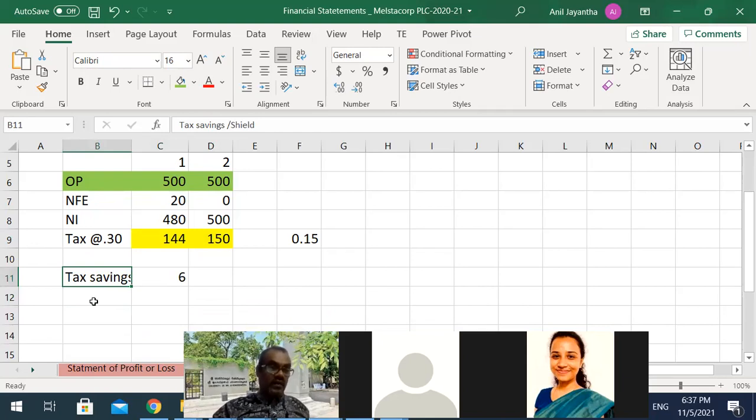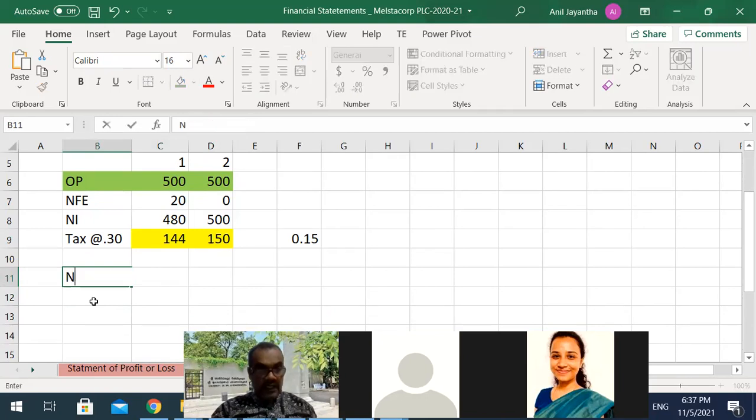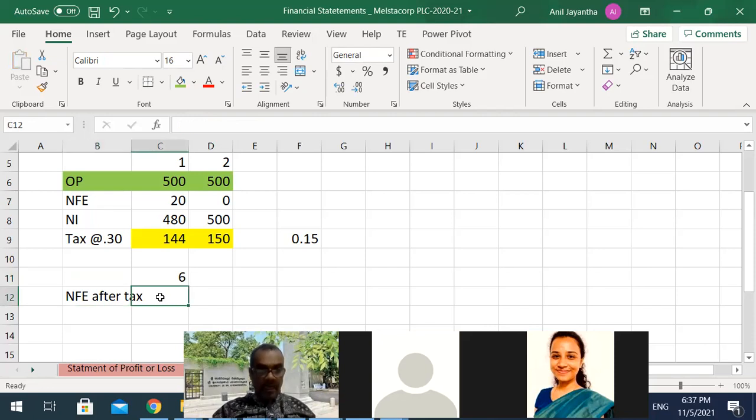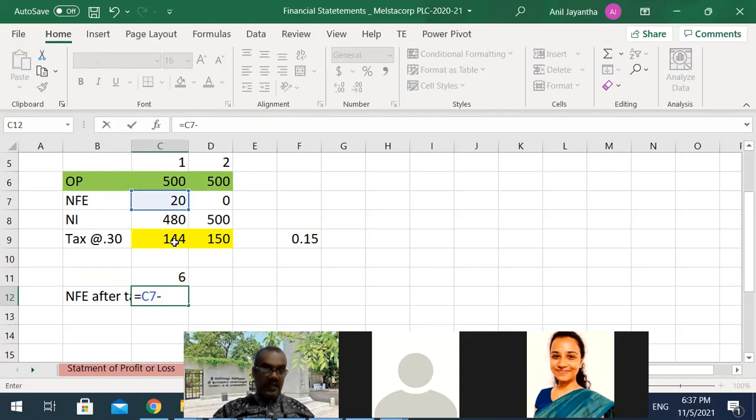So you can argue, if that's the case, net finance expense after tax would be 20 minus 6, therefore 40.